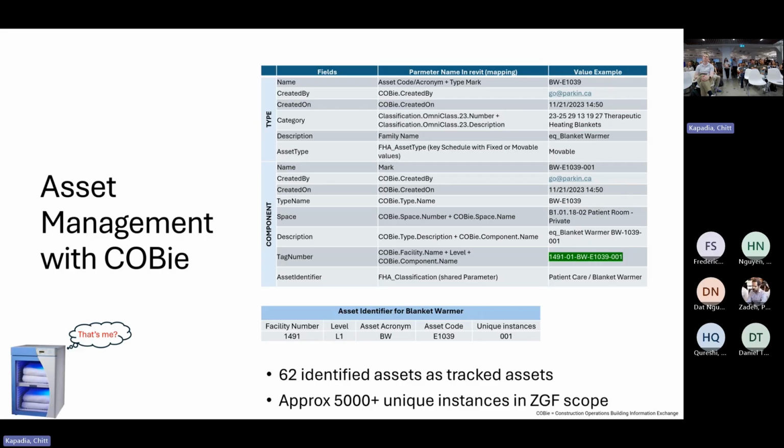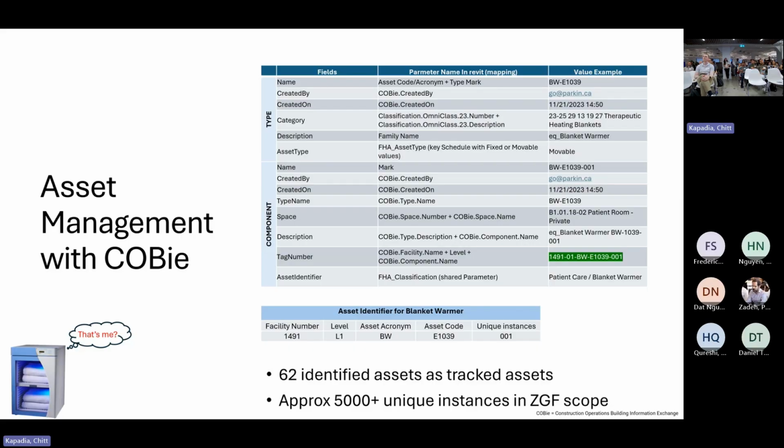Just in the architectural scope, we have 62 identified tracked assets. The idea behind that is that we have hundreds or thousands of assets in the building, and not every single thing needs to be tracked. So during the pursuit phase and the design phase, we had this conversation with the client back and forth to figure out what's required for facilities management and where the value lies, because each one of those added items is tens and hundreds of hours.